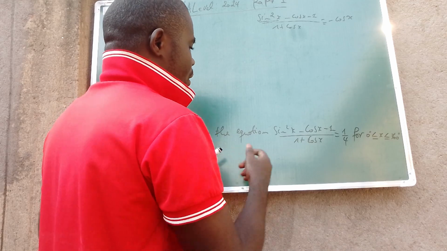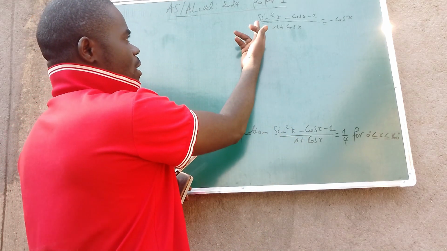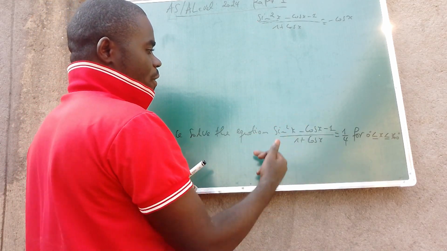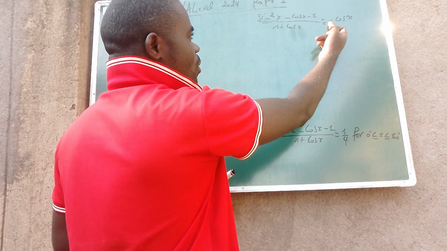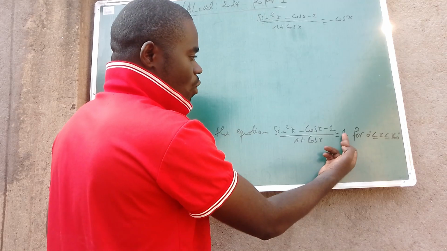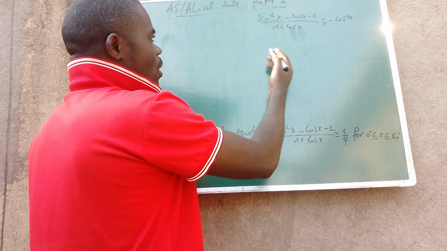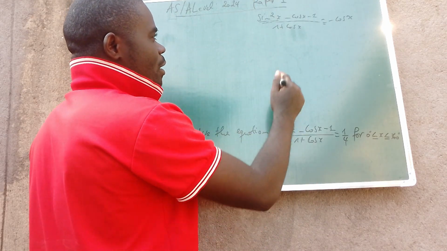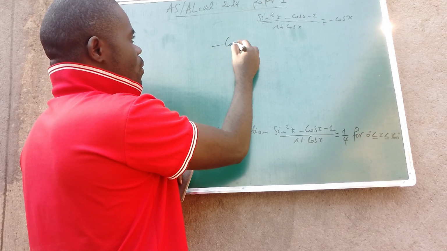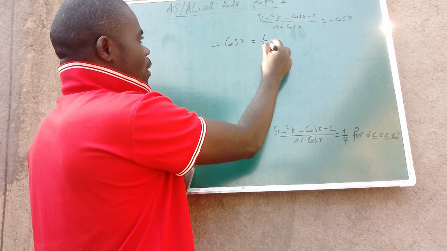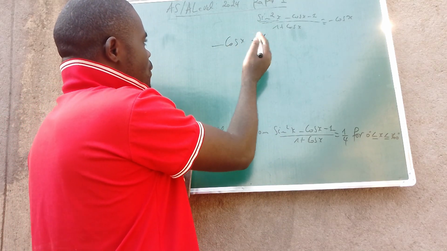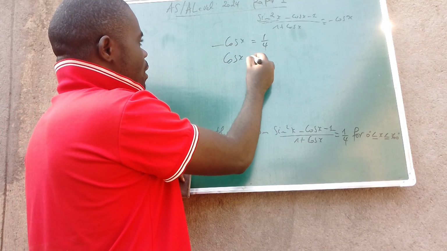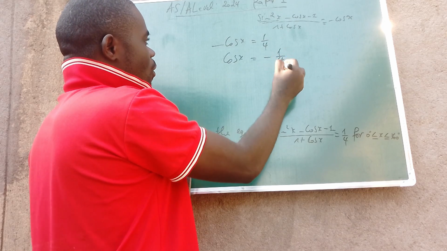We have seen that this left side identity is equivalent to negative cosine of x, and also it is equal to 1 over 4. So simply, instead of writing the whole identity, we can only write negative cosine of x equal to 1 over 4. And then when you divide both sides by negative, you get that cosine of x is equal to negative 1 over 4.